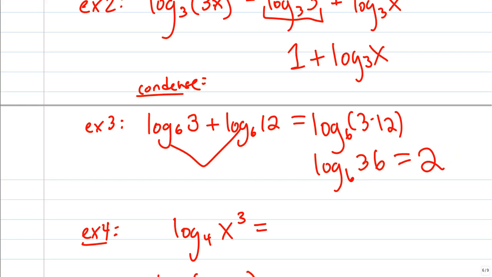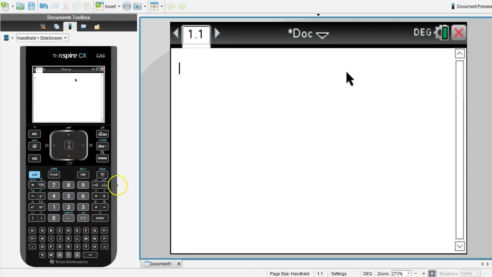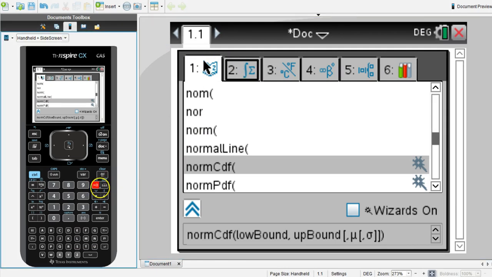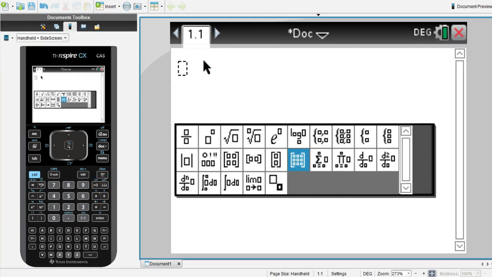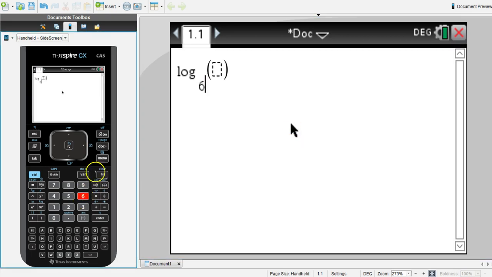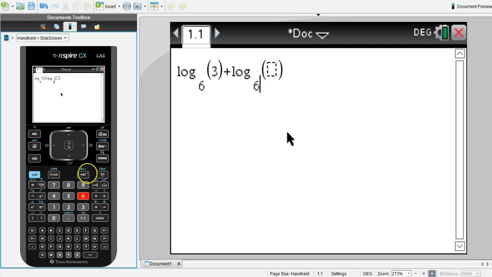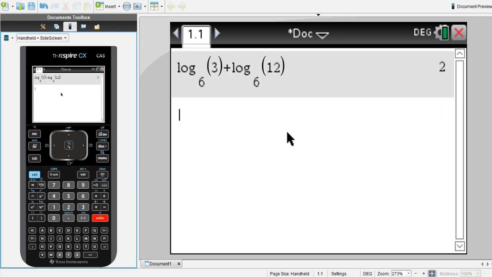So I can do that. I have a calculator: log base 6 of 3 plus log base 6 of 12. And this should equal 2.